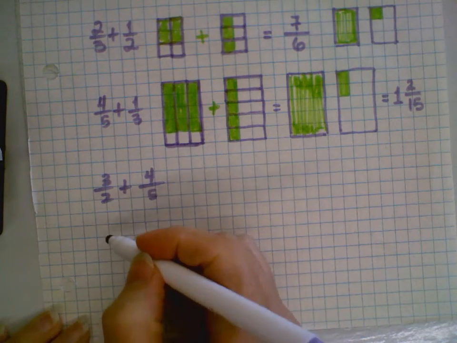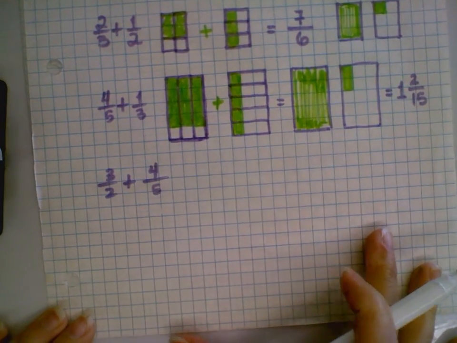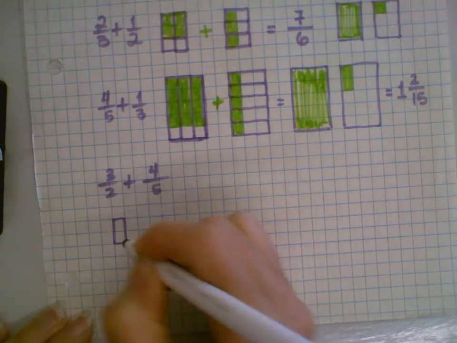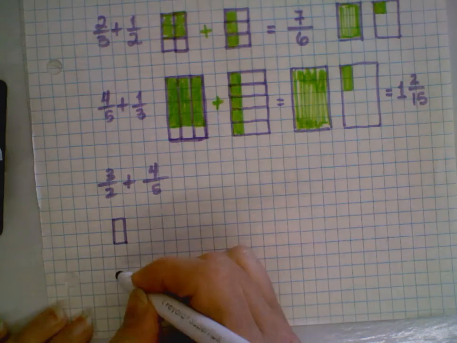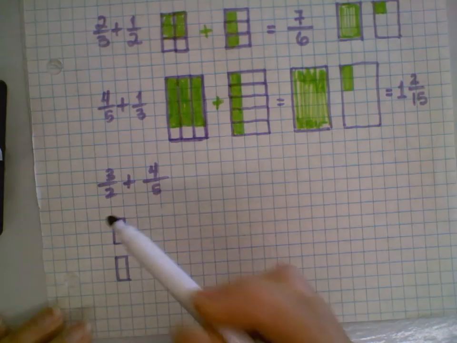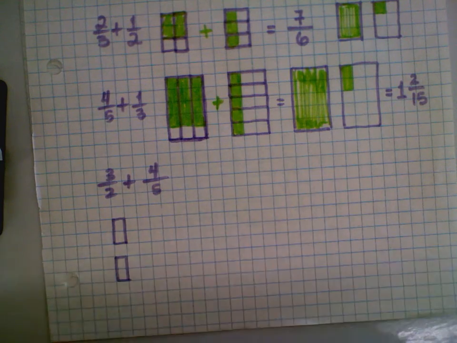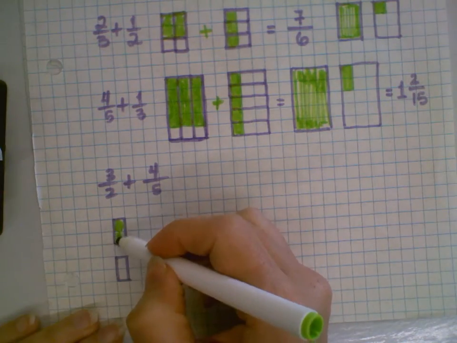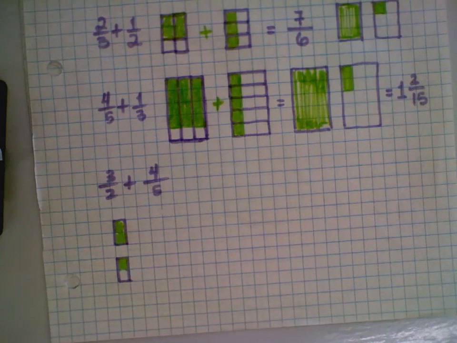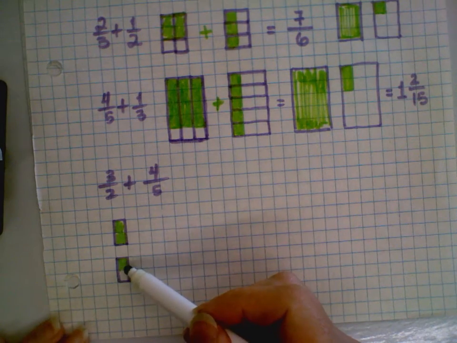So my first step in that, 3/2 means that I've got some object that's been divided into groups of 2. So this first group of 2 represents 2 of those 3 out of 2. And then I've got one more. So that's 3 that's been divided into groups of 2.